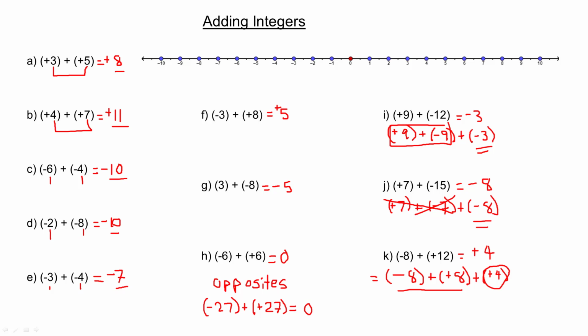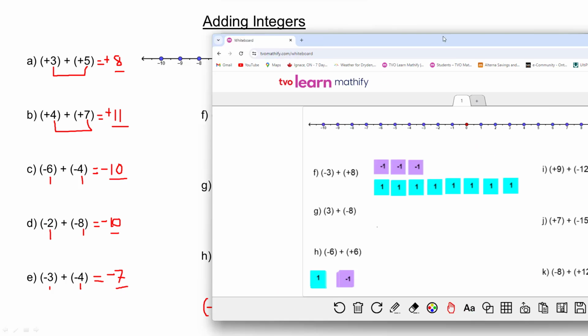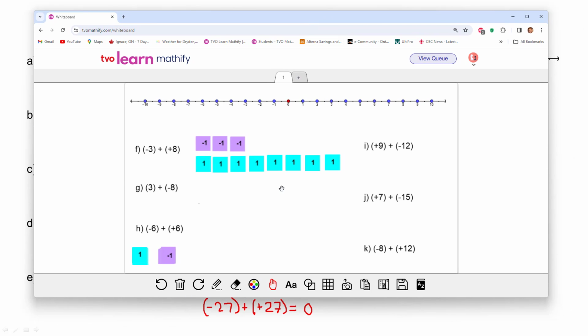Now I want to show you another way to think about these 6 examples when you're adding a positive and a negative. So here's a different way to think about these. This first one here, negative 3. These are called integer tiles. The purple ones are negatives, the blue ones are positives. I didn't put a plus here, but if you don't see a negative, it's positive.